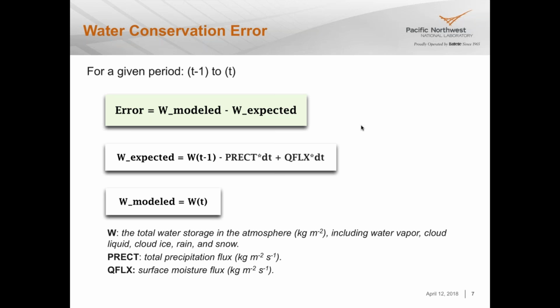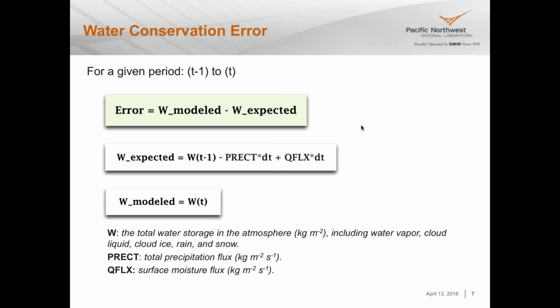Next page. We try to identify and quantify the water conservation error from different sources in the atmosphere model. We define the error given a certain period, from t-1 to the current time step.